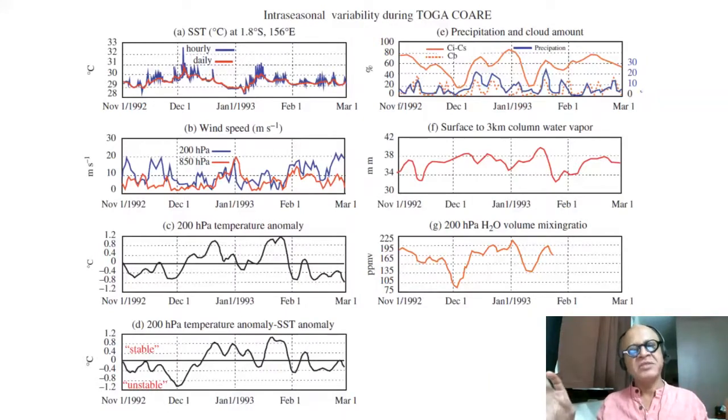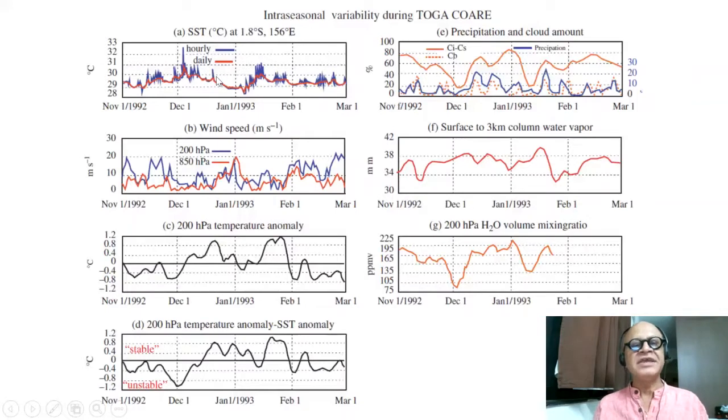And there are debates about whether the moisture loading is happening near the surface with frictional convergence, or whether it's happening in the free troposphere, and so on and so forth. But nonetheless, all of them require some key elements for MJOs.